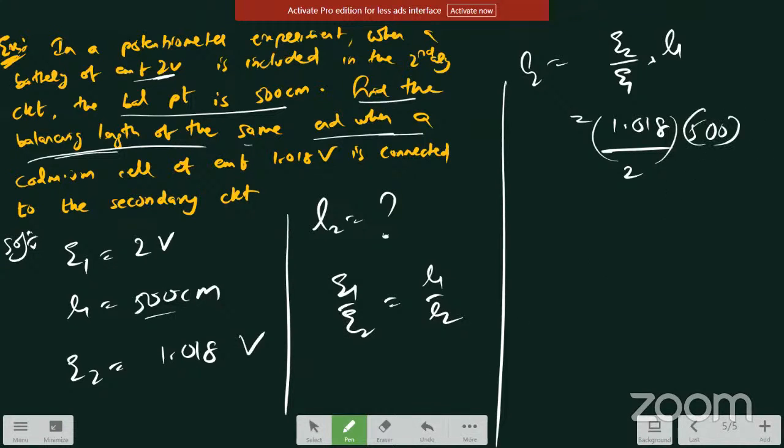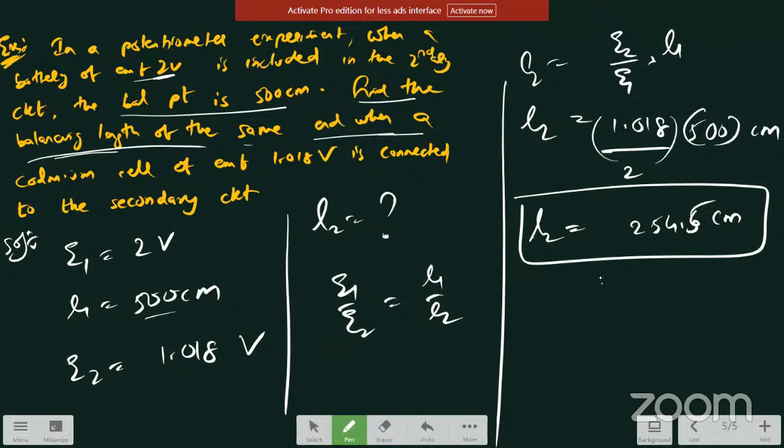We'll find the answer in centimeters. You'll get this answer to be 254.5 centimeter. This is how we find the new balancing length.